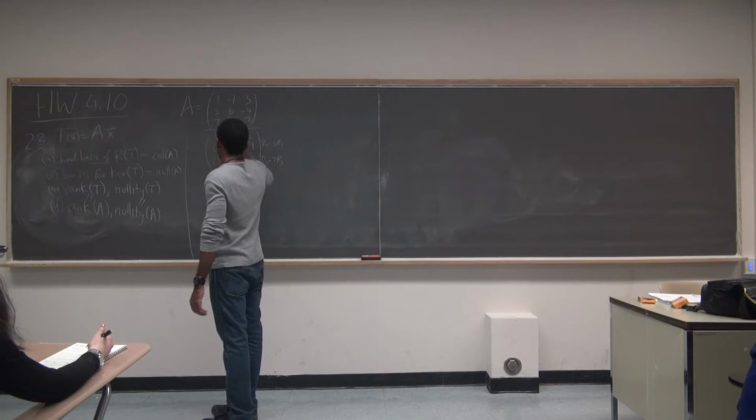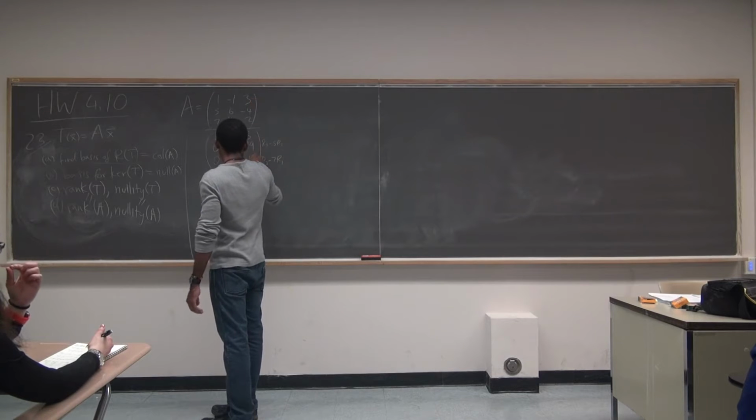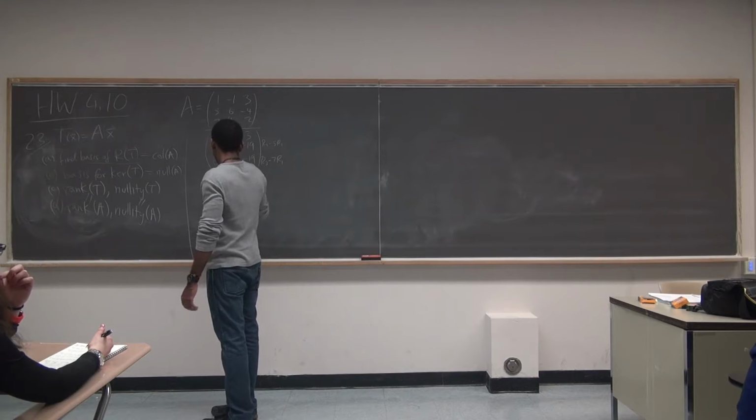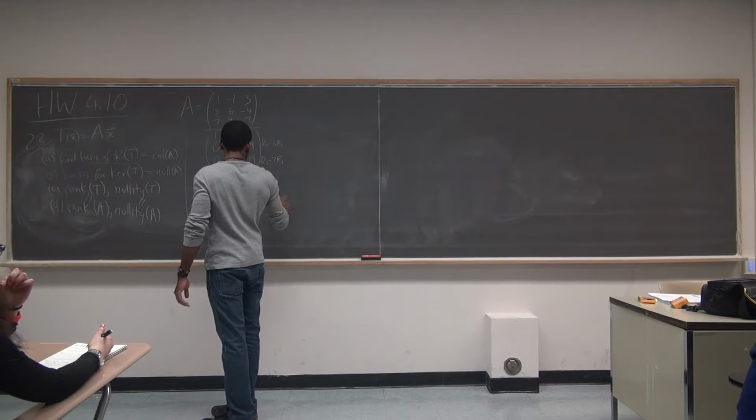So 0, this plus 7, and this minus 21, minus 19. So then you have 1, minus 1, 3, 0, 11, minus 19, and pretty much 0, 0, 0. It's just row 3 minus row 2.